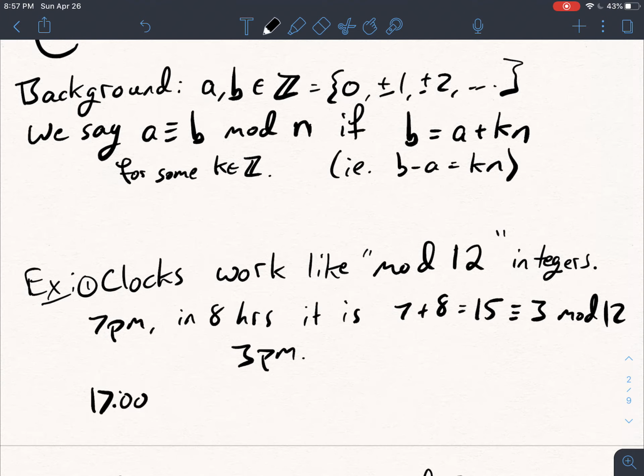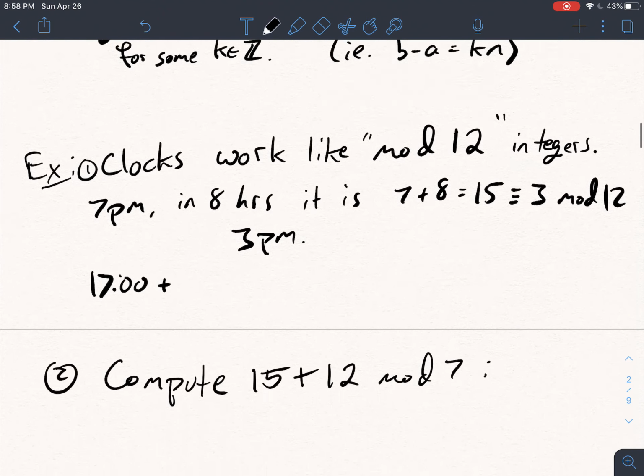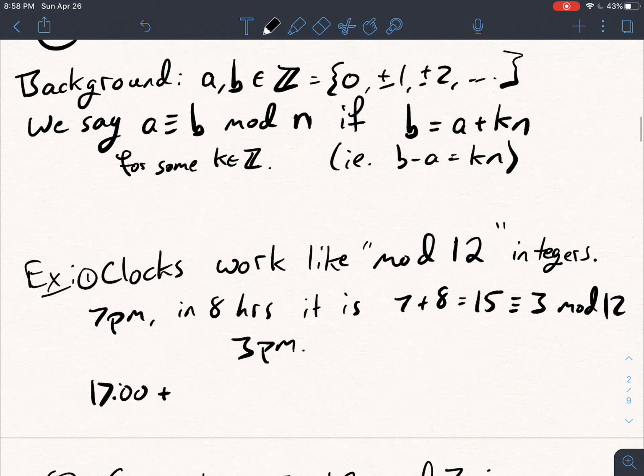If you do prefer military time, then that would work mod 24. So if it's 17 o'clock in military time, and then you wait, I don't know, 12 hours, then what time is it going to be? Well, you do 17 plus 12, and that's 29.